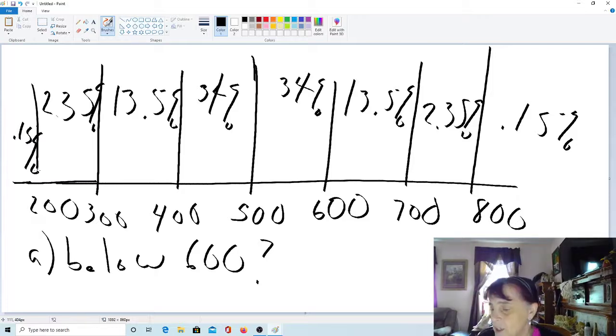Below 600 is 34 plus 34 plus 13.5 plus 2.35 plus 0.15, which is 84%.